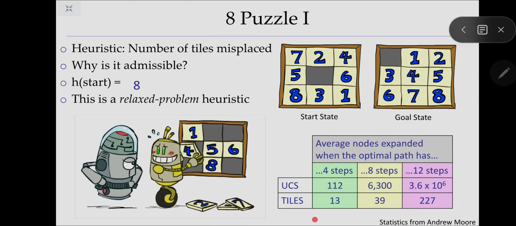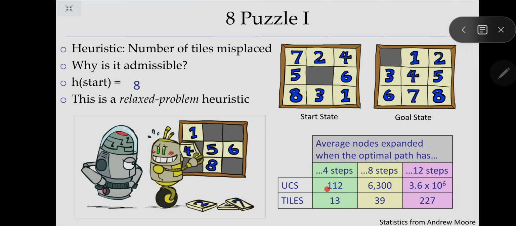As you see in this table with different steps, we compare the average of expanded nodes for uniform cost and for A star with respect to this heuristic.